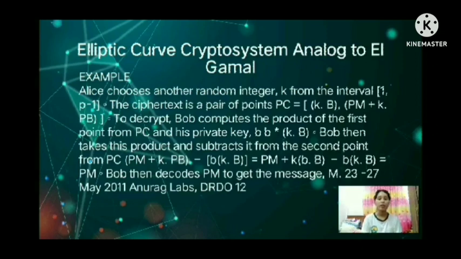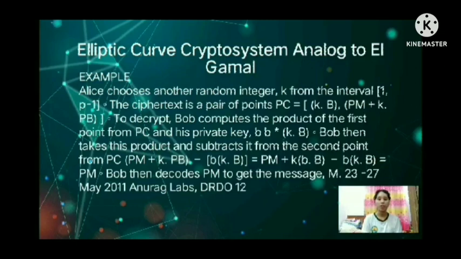The ciphertext is a pair of points. PC is equal to (kB, PM plus kPB). To decrypt, Bob computes the product of the first point and his private key b, that is b times kB.